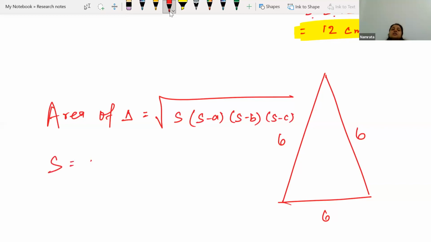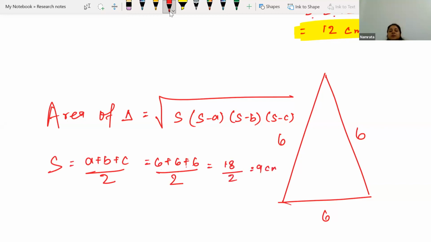S means A plus B plus C by 2. What is ABC? ABC are nothing but the sides of the triangle. So 6 plus 6 plus 6 divided by 2, 18 over 2, that means 9 centimeter.